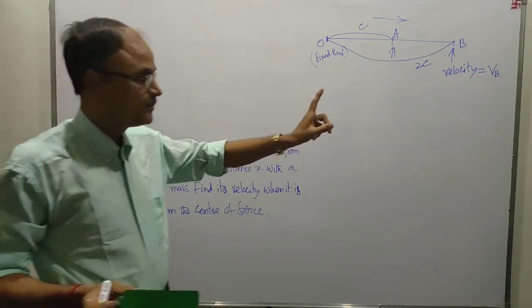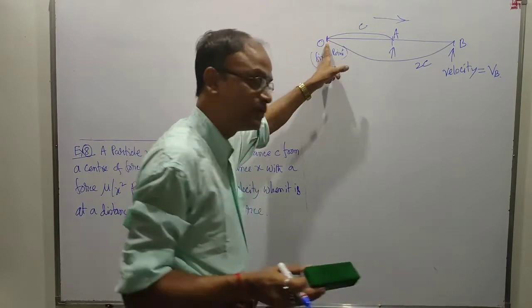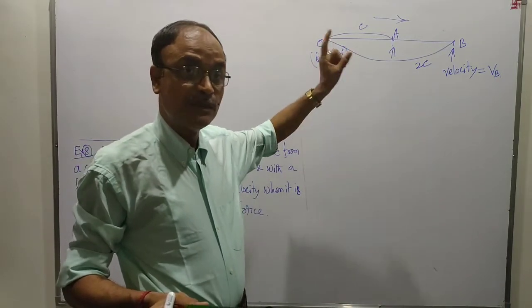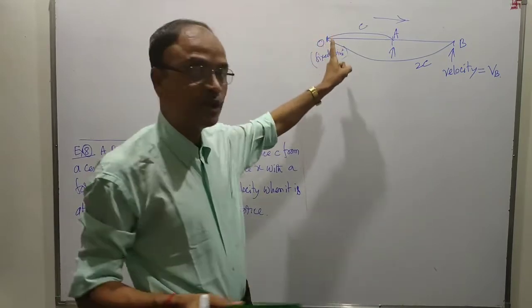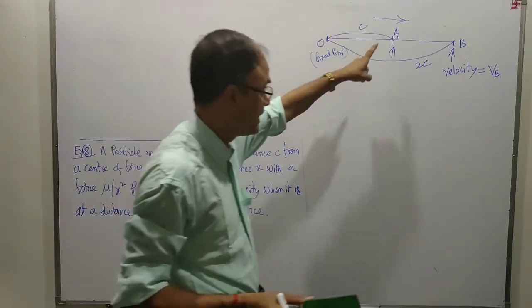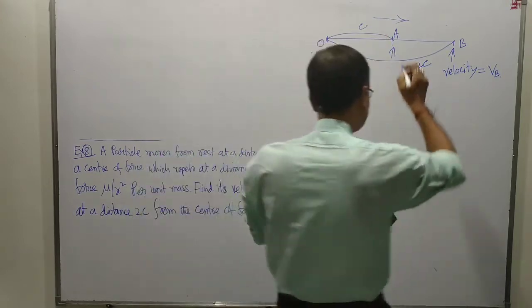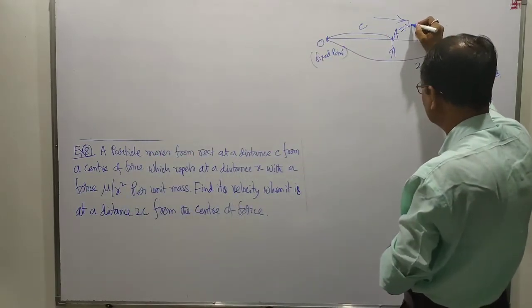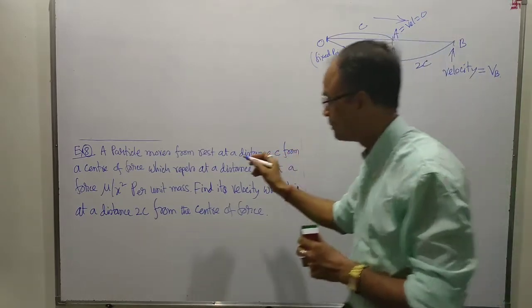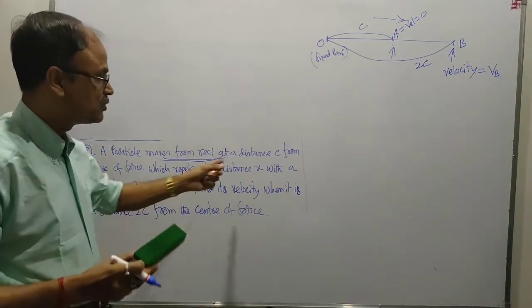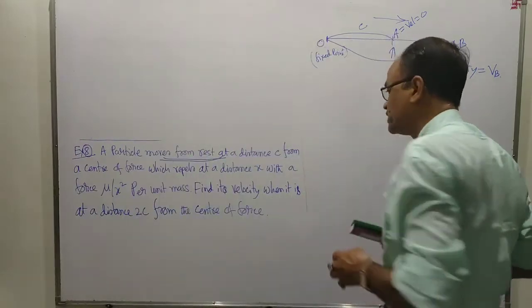What is this? O is the fixed point. We shall measure the distance from the point O. A is the starting point. Starting point means the velocity of the particle is equal to 0, from rest. Velocity of the particle is 0 and OA equal to c.